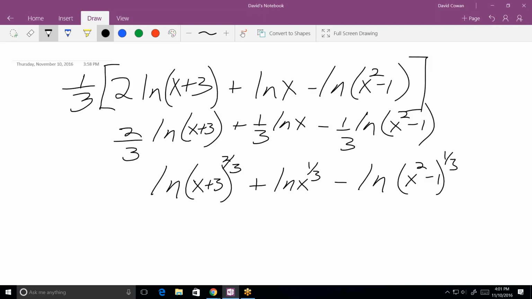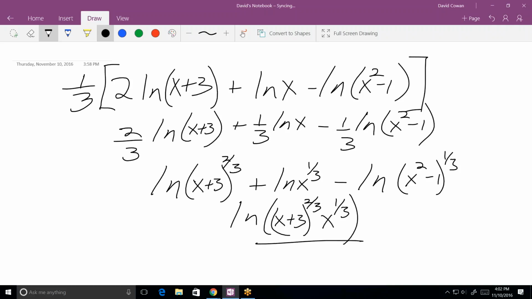Still with me? Yeah. Now let's compress. In other words, let's make those two multiply and that third term divide. So that becomes natural log of x plus 3 to the 2/3 times x to the 1/3, all divided by x squared minus 1 to the 1/3.